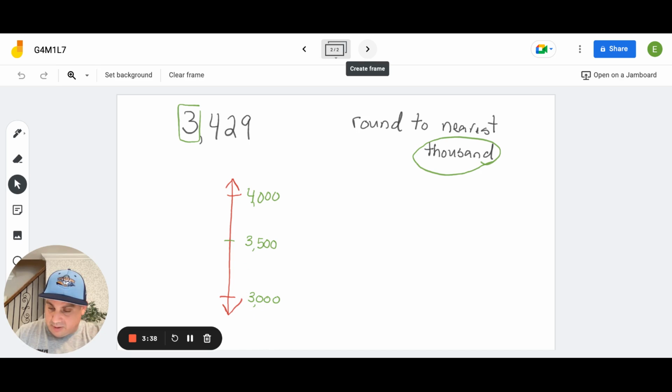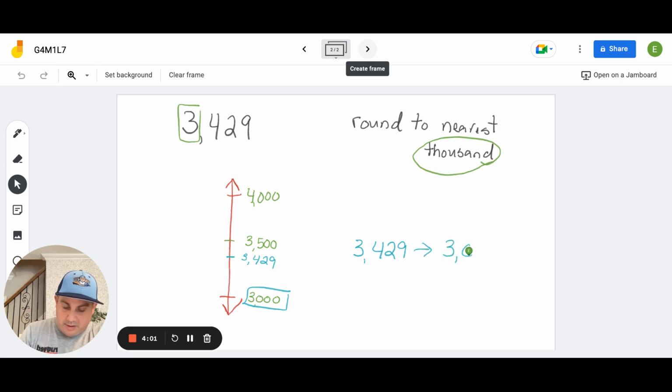Well, if it's 3,400, that has to be somewhere under my midpoint, meaning 3,000 is going to be my estimate. So 3,429 rounded to the nearest thousand will be 3,000.